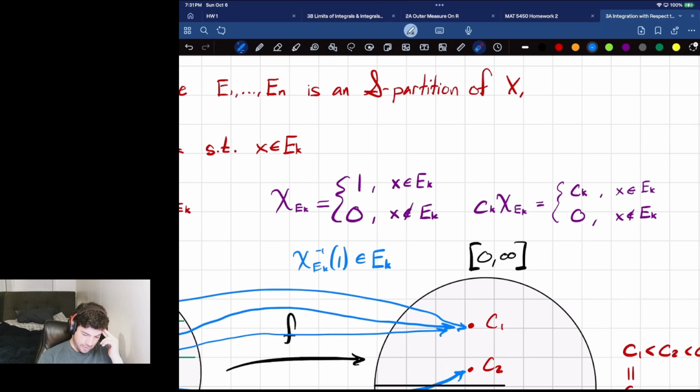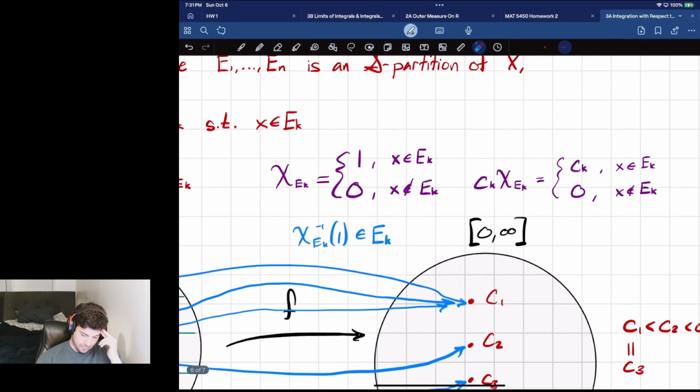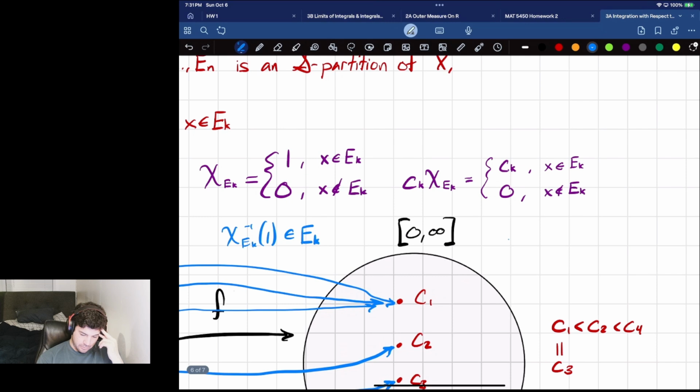Right, so obviously if we multiply it by a scalar, we have this relationship, and then we basically have CK, EK inverse of CK, which is just an EK.